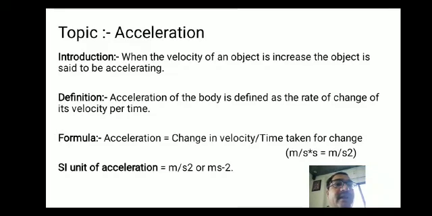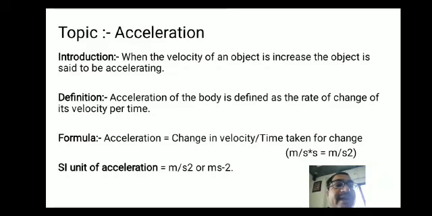How do we define acceleration? Acceleration of an object or body is defined as the rate of change of its velocity per unit time. Velocity changes, and for changing that velocity it takes certain time. As a formula, acceleration is change in velocity per time taken. What is the SI unit of acceleration?